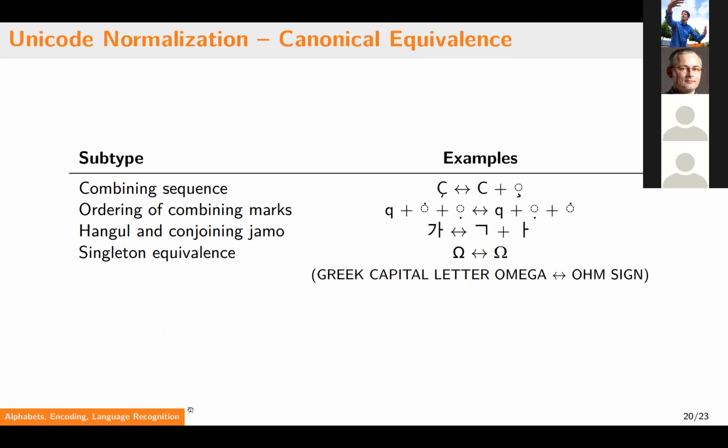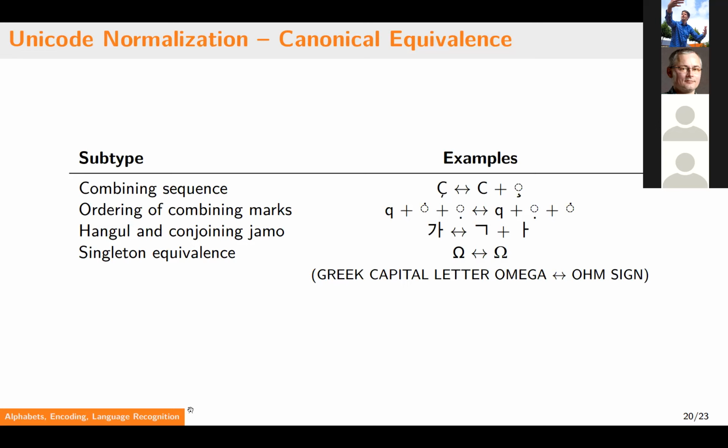And my final point that I want to make is that, as you've already actually seen, sometimes it's possible to encode the same character in different ways. In some cases, so far I was showing you that these were actually different characters that just look the same, but there are also examples of two different encodings that really mean the same character.